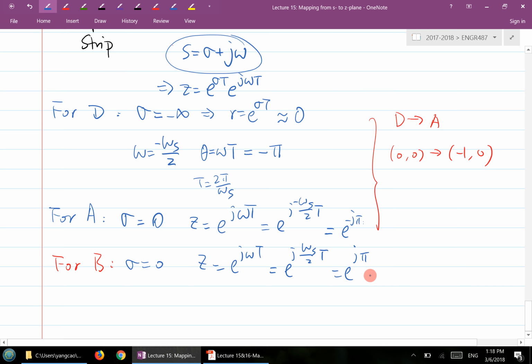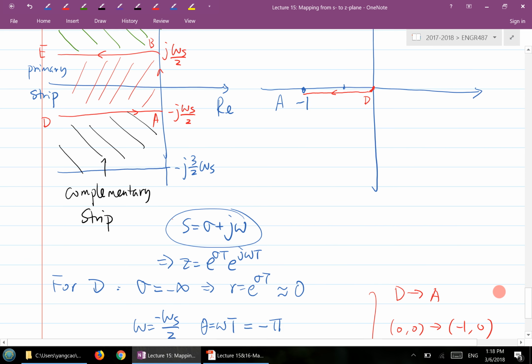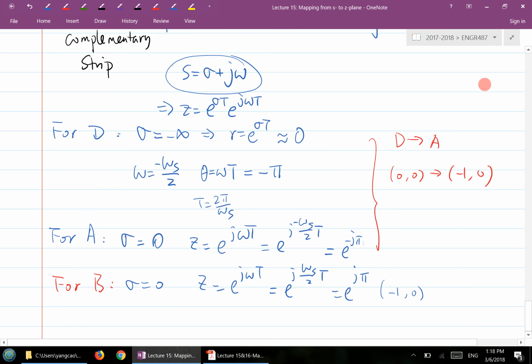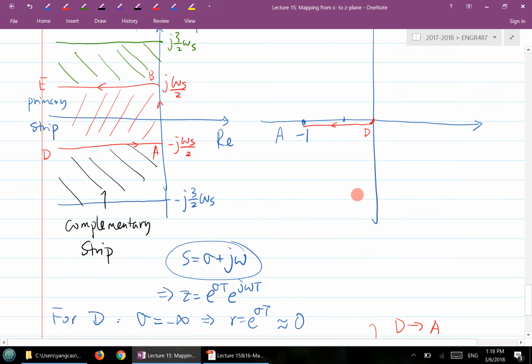Essentially in the z plane, it's still negative 1, 0, because cosine pi is also negative 1. Yes, that's right. Yeah.